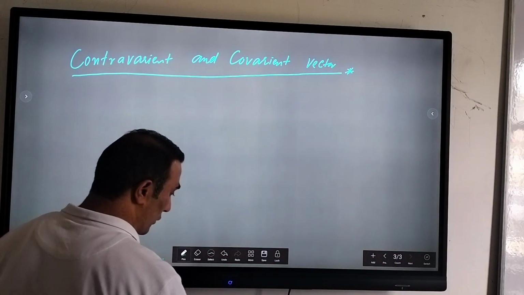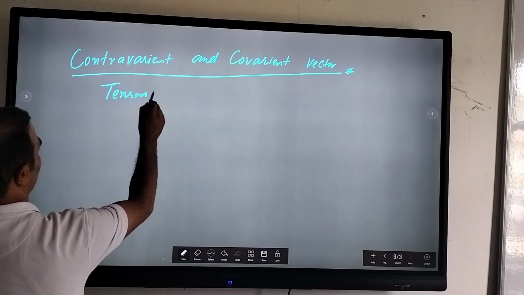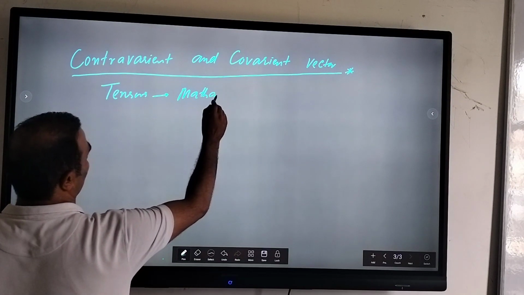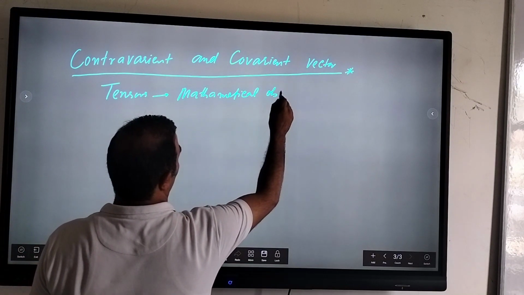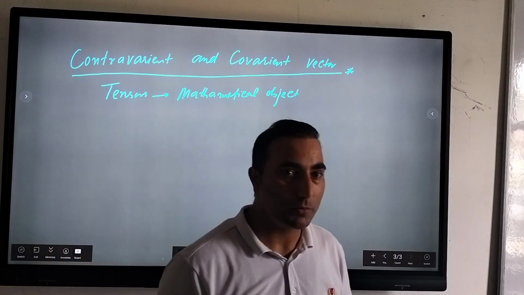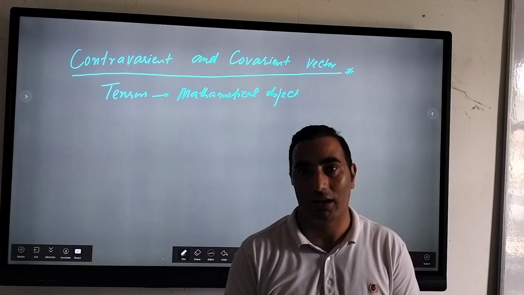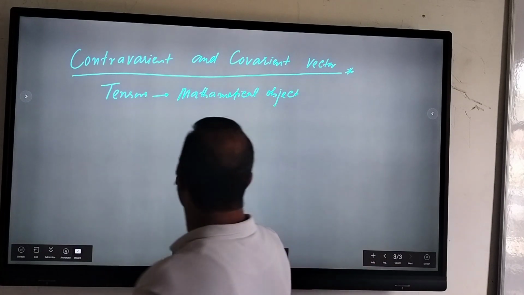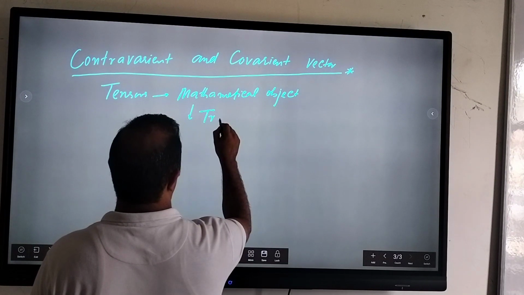As I already told you, if you talk about tensors, how do you define tensors? Tensors are purely mathematical. It is purely a mathematical object which transforms in a different way when the basis changes, when the basis of that vector changes, right?